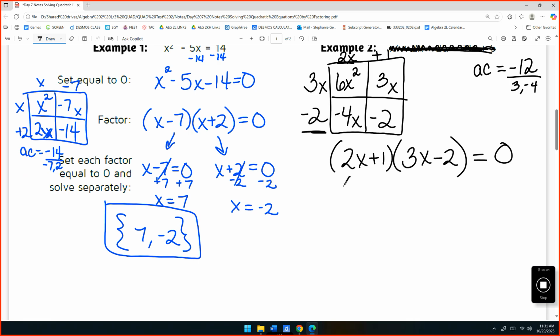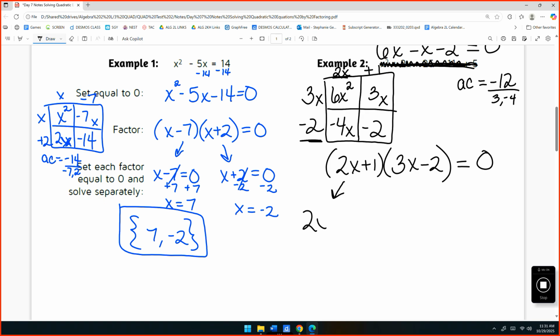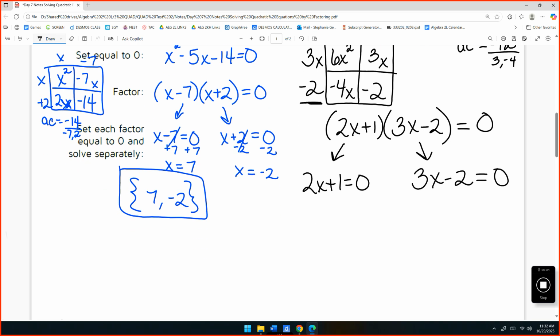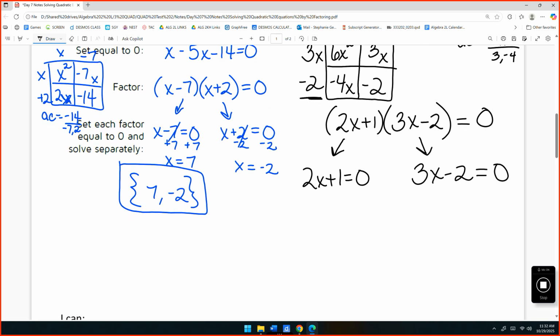So I take that factor and set it equal to 0, and I take this factor, 3x minus 2, and set it equal to 0. Then I just have two little equations to solve. So we factor, then once we're factored, we grab each factor and set it equal to 0.